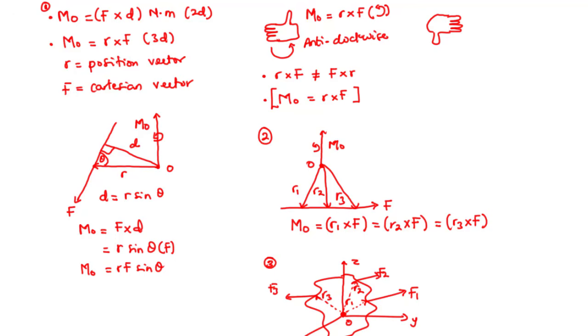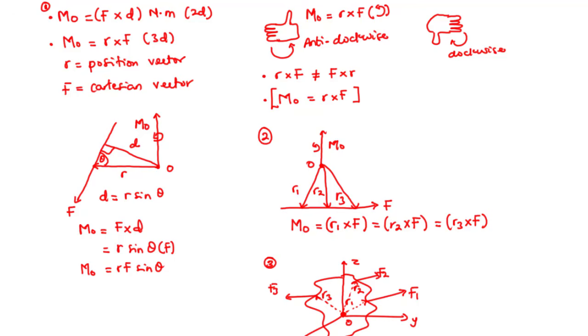Now if you want to find the moment of a force, you realize that if you curl the fingers of the right hand, it's going to move in the clockwise direction. So this time we have the direction to be clockwise. So depending on where the thumb is facing, you can either have a clockwise moment or an anti-clockwise moment. So moment is not always anti-clockwise. It could be clockwise or anti-clockwise.